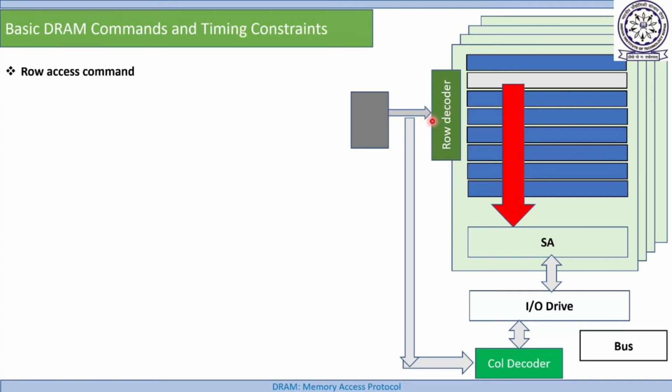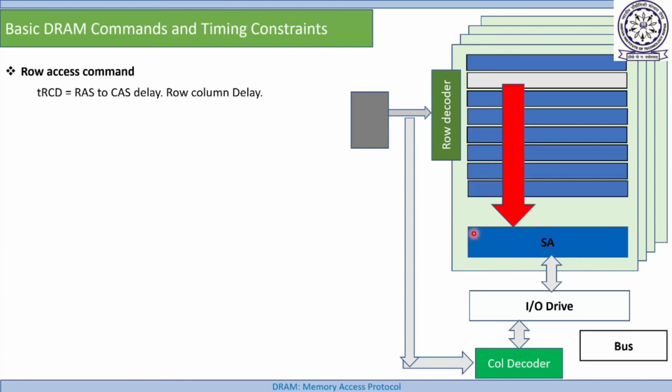After issuing a row access command, it will activate a row, and the content of this row will be available in the sense amplifier. Once a command has reached the device, doing all this activity, that means activating this row and transferring the content to the sense amplifier, takes TRCD time.